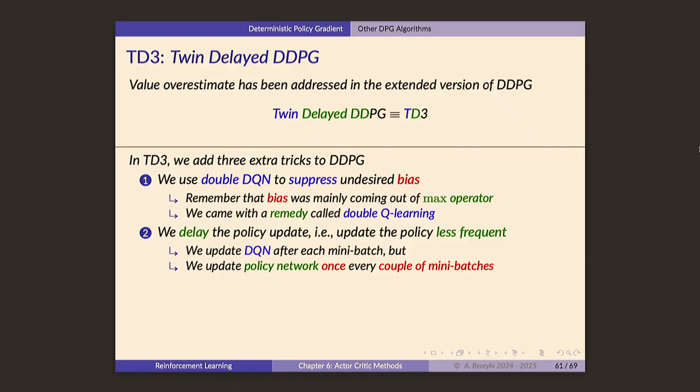Like, you keep the policy network fixed, you do multiple iterations on the Q network, and then you update the policy network once. This is going to give you a level of stability again, right? But this is not a very crucial thing.